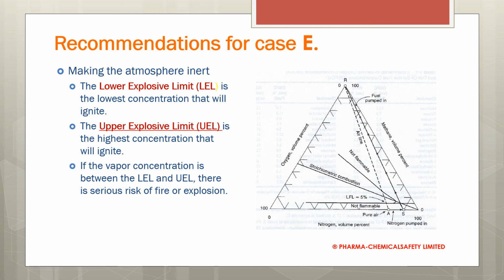You also have the volumes and the nitrogen in percentage, so you know how much nitrogen you need inside your system to inert. How much oxygen do you need to start a flash fire? How much nitrogen do you need to inert? These types of triangles help you a lot to design those systems. If the vapor concentration is between the LEL and UEL, there is a serious risk of fire or explosion.